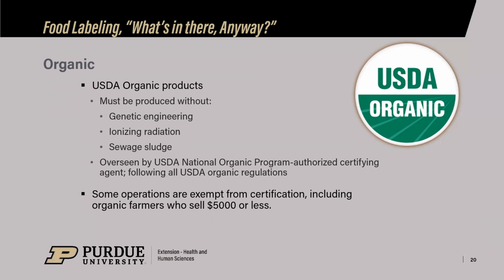Organic does not mean pesticide-free. They can use non-synthetic pesticides, which are still pesticides. And some products can be labeled organic without being certified if the operations, including organic farmers, sell products that are less than $5,000.